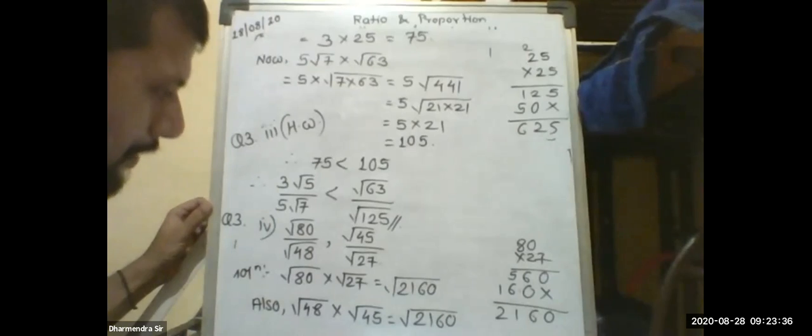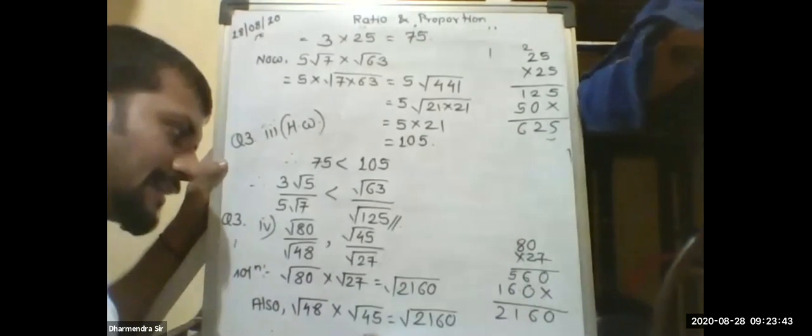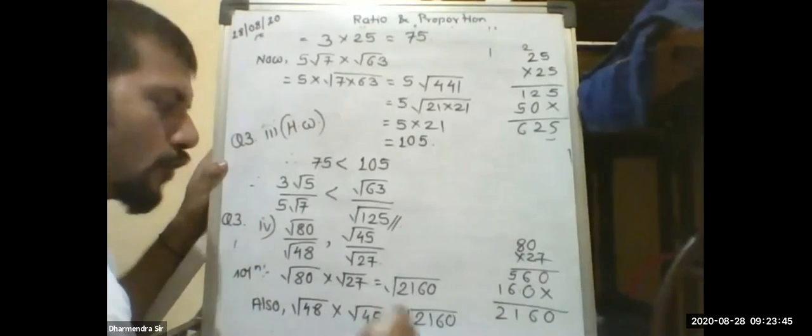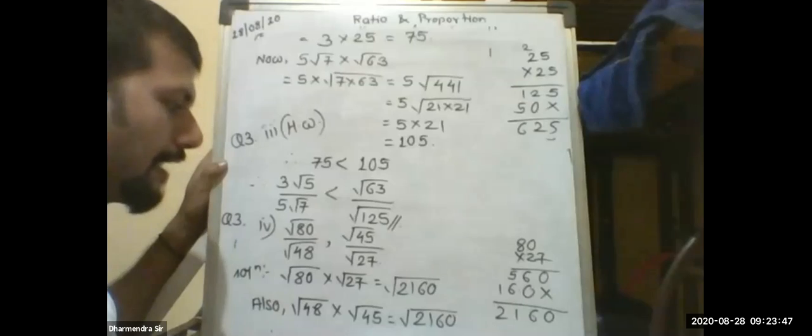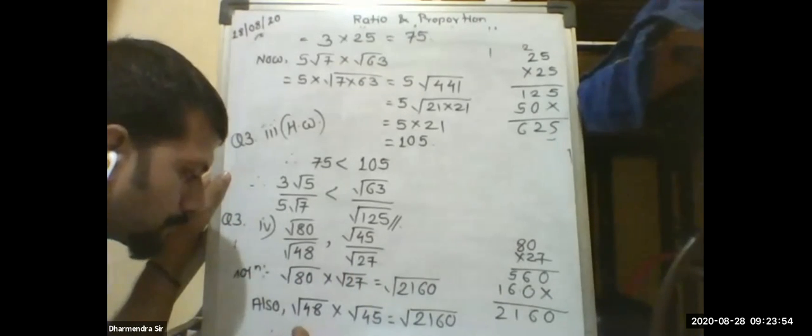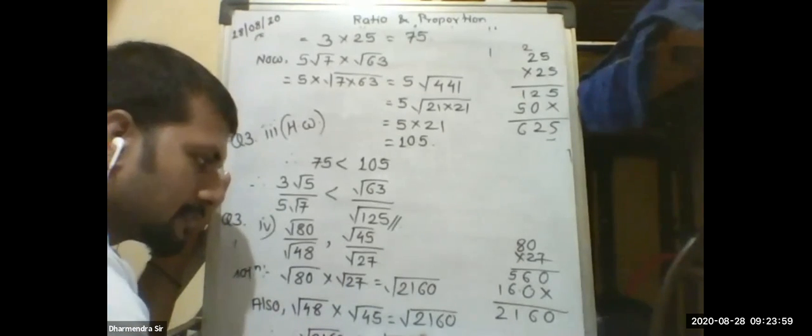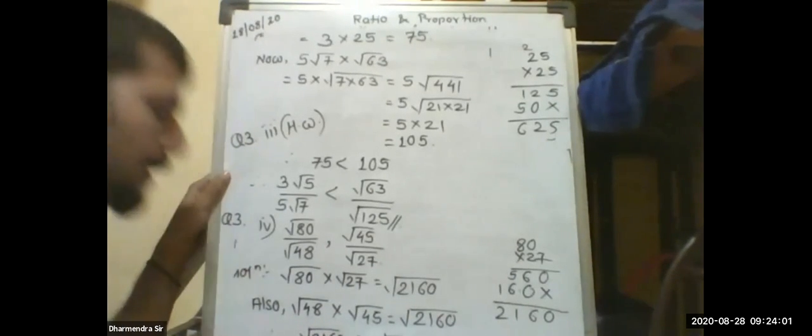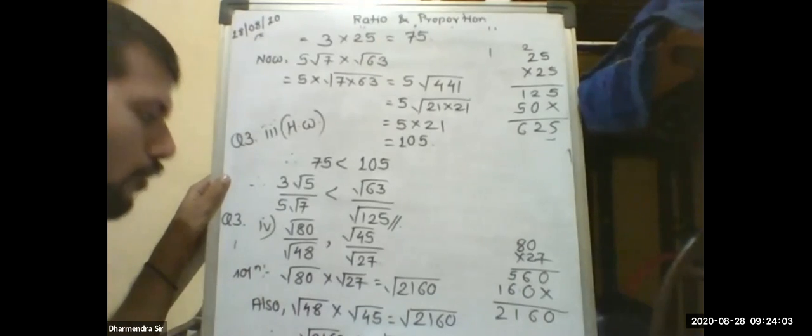You need to multiply this. This is root of 48 into root of 45, and root of 48 into 45 you will be getting as root of 2160. So from here we conclude that root of 2160 is the same as root of 2160. So therefore, I'll be writing on the upper side of the board.